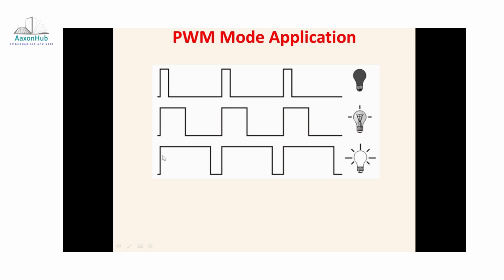Whereas in this one, the on period is more and the off period is the opposite. So your light will be on for a longer duration than the off state of this lamp. So this is a simple PWM mode application, and you can utilize this PWM mode in the PIC18 for various applications. Wherever you are utilizing variable frequency and time period, you can utilize this CCP module.